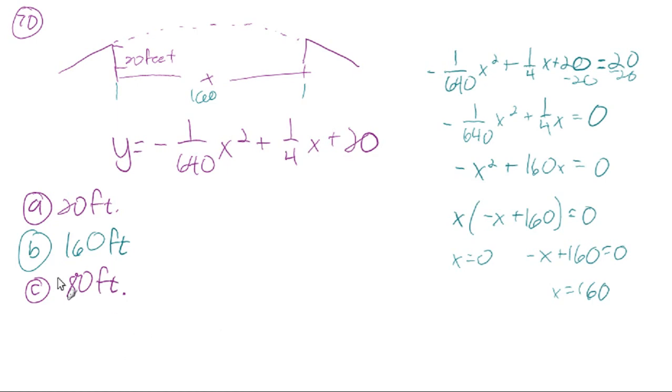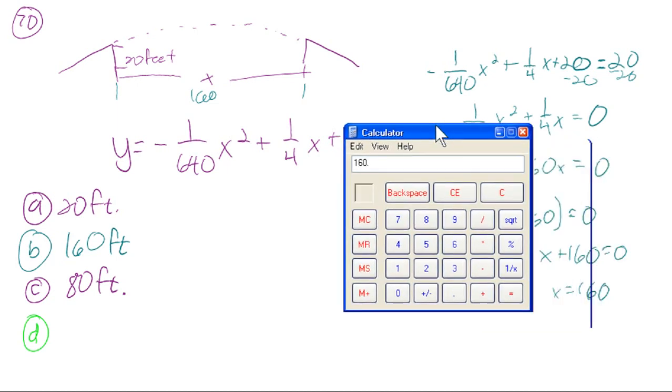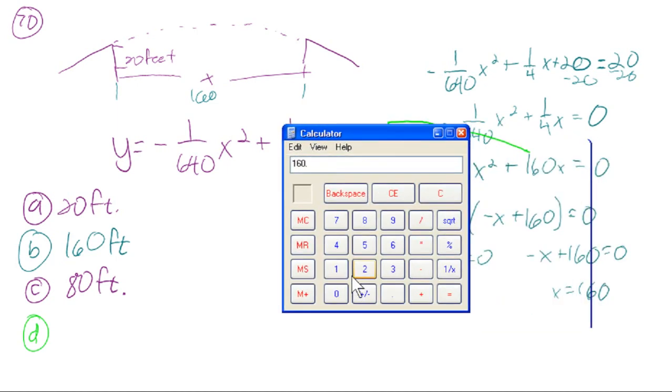Well, we can put in a distance and get the height, so we can just put 80 into this equation, and it will give us the height. So let's do that. We will say 80 squared, so 80 times 80, and we will divide that by, not 160, 640.